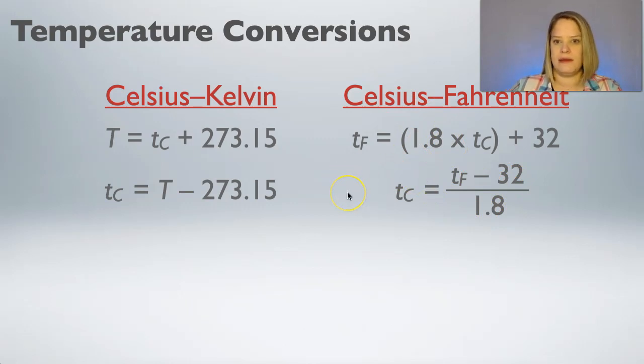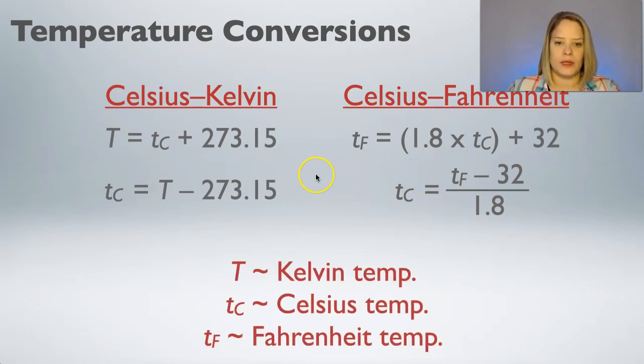1.8 is the same as 9/5. And then here's the important key. We're using these letters, and they use them throughout this book, that you need to be familiar with. The capital T is a Kelvin temperature. So that's the variable you'll solve for if you're asked for Kelvin. It's where you'll plug in a Kelvin temperature if you're given Kelvin. We just use a plain old T for it instead of putting the little K with it because it's the official science unit for temperature.